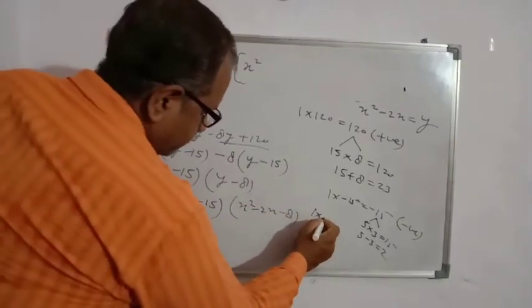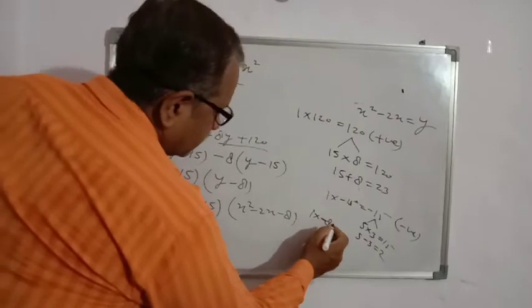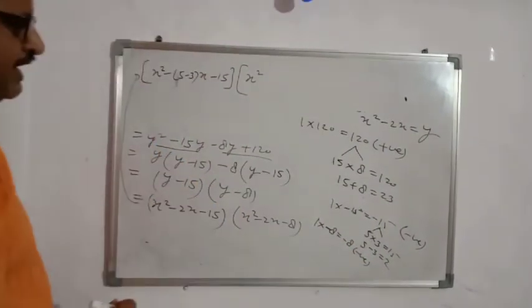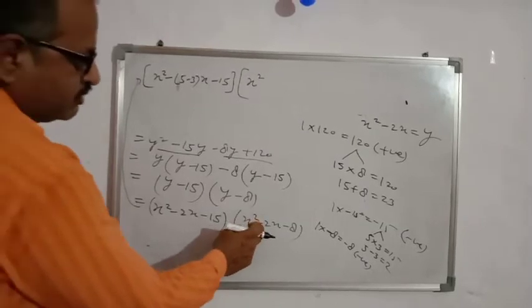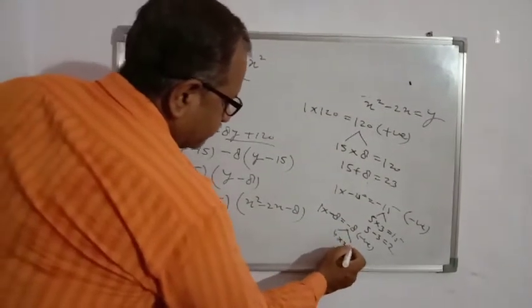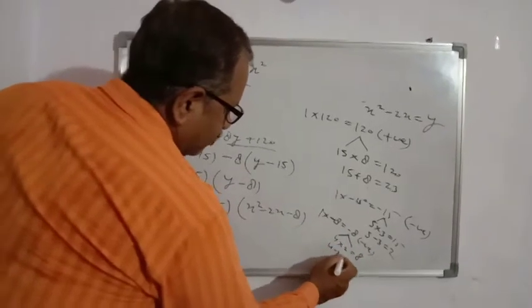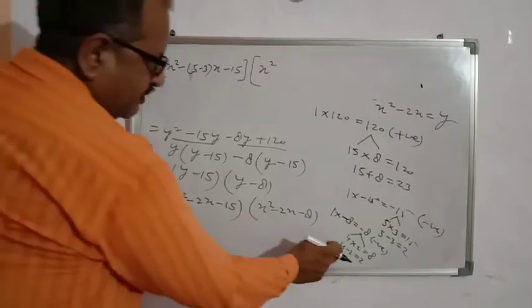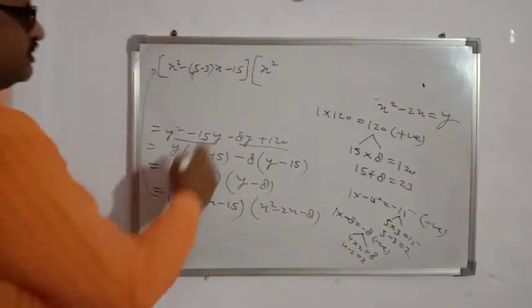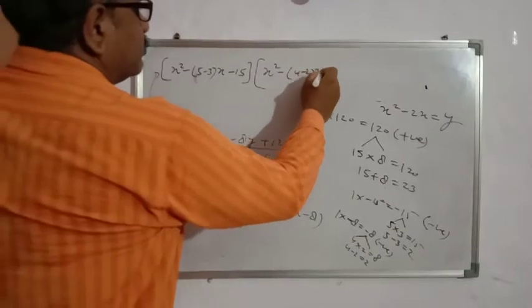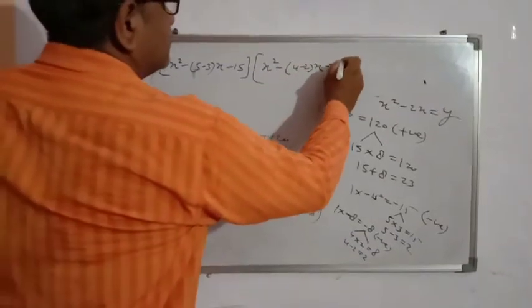So 1 into minus 8 is again minus 8, negative. So take two factors of 8 whose difference is 2 and product is 8. So we can take 4 into 2. It will be 8 and 4 minus 2 will be 2. So here in the second bracket, in place of 2 we have to write 4 minus 2. So minus 4 minus 2x minus 8.